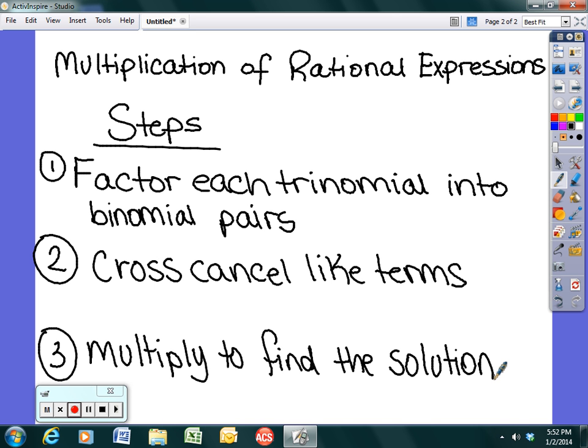Step 1 is to factor each trinomial into binomial pairs. Step 2 is to cross cancel like terms. And step 3 is to multiply to find the solution.